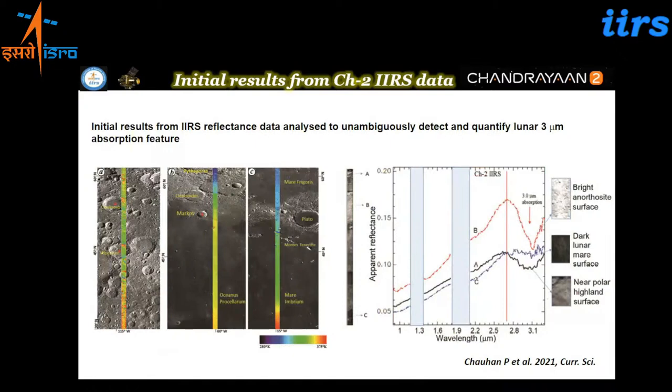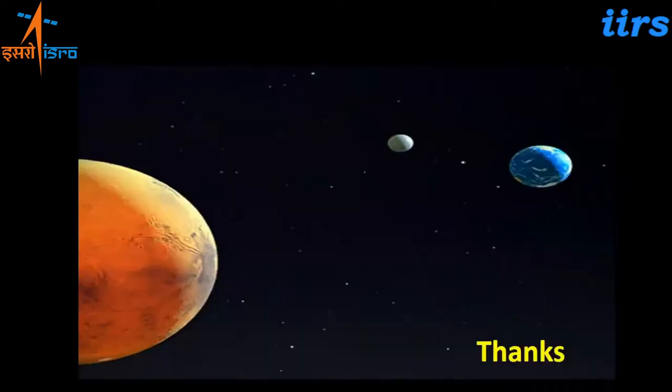So how the hyperspectral data have contributed to identifying the various minerals and also in detection of new minerals, using the capability of hyperspectral sensors. So this is all about compositional analysis.